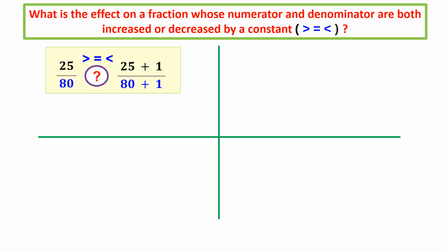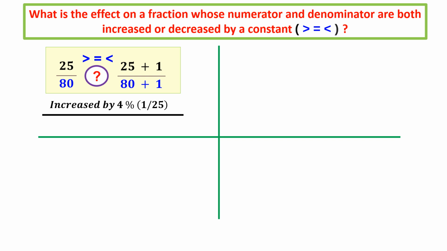We have a positive fraction, which is less than 1 because the denominator is larger than the numerator. We add 1 to both numerator and denominator.